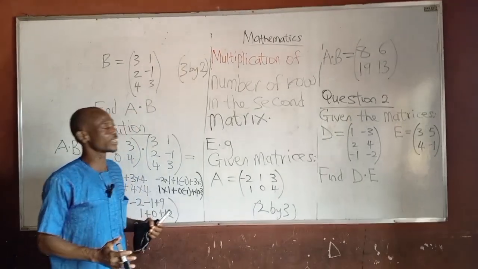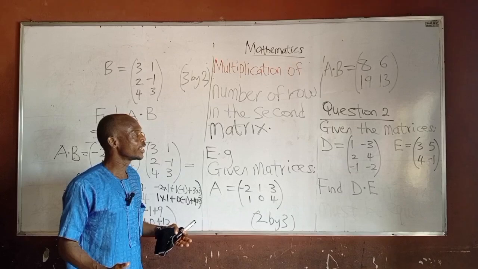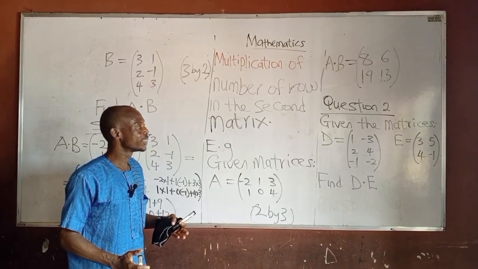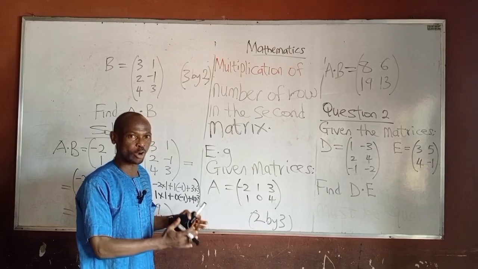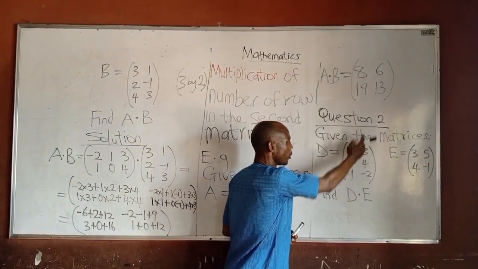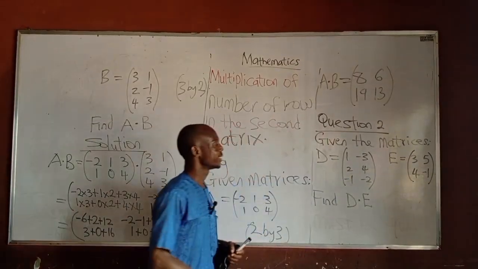First, let's look at if they are compatible for multiplication. For us to know if they are compatible for multiplication, the column of the first matrix must be equal to the row of the second one.